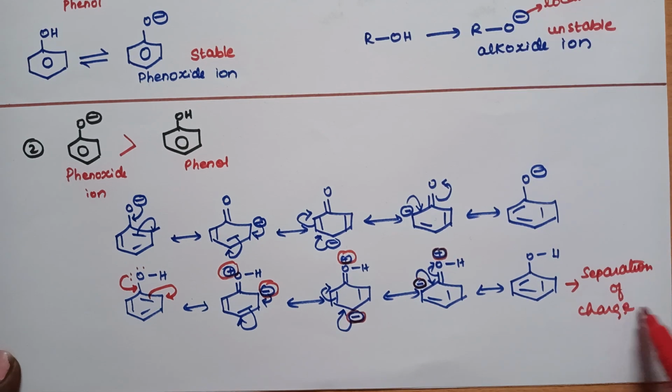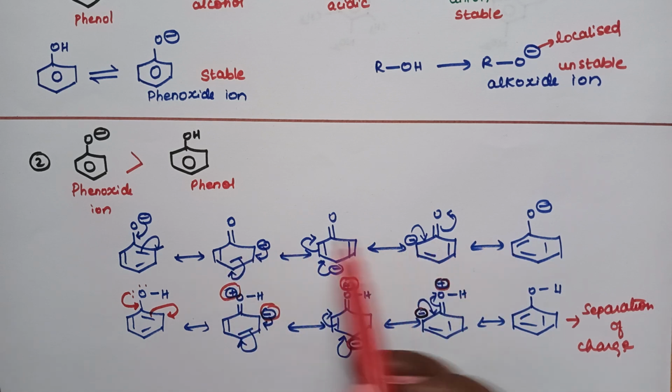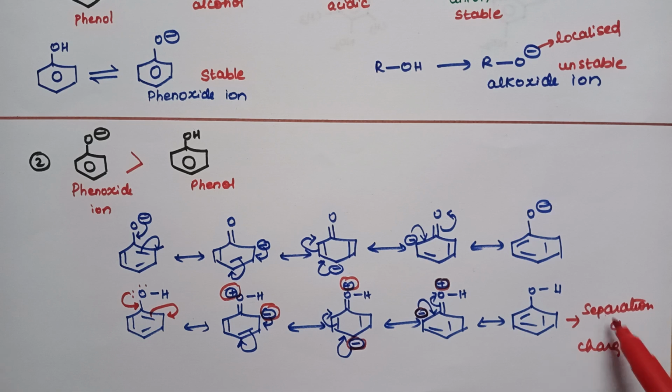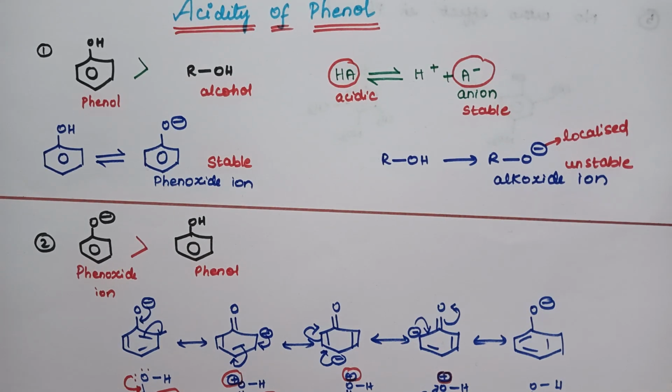Whereas in phenoxide ion you cannot see any separation of charges, it has only negative sign. So therefore if separation of charges is present in the resonance structure, then it becomes unstable. Therefore phenol is less acidic when compared to that of phenoxide ion. So this is second point.